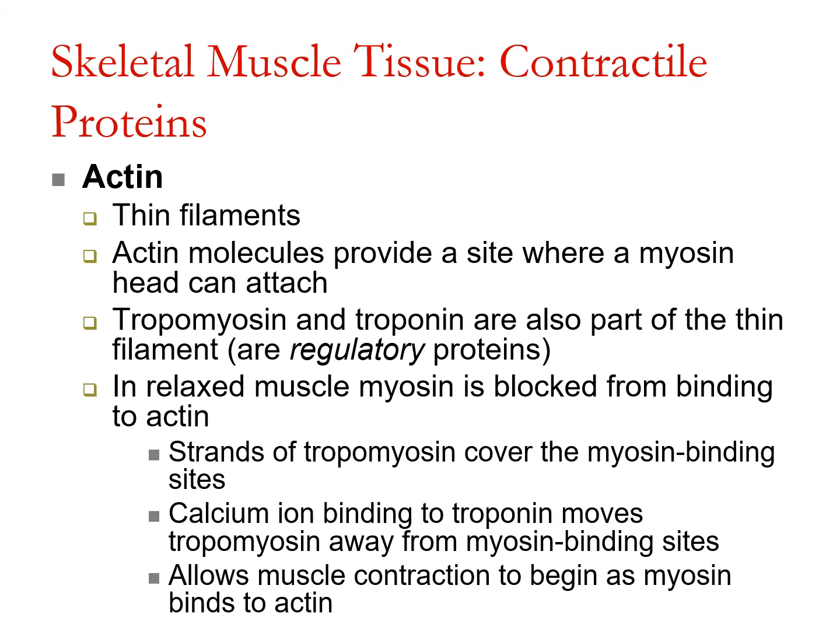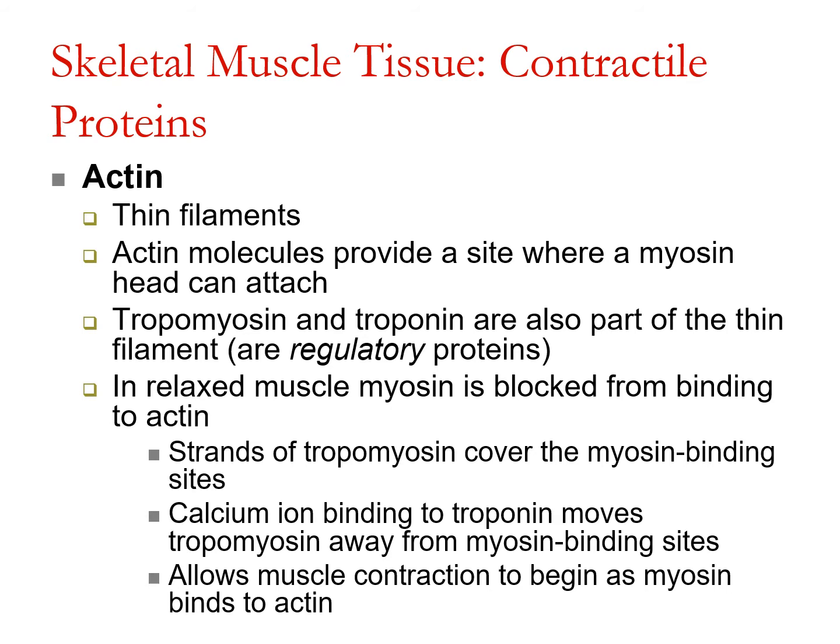Tropomyosin is a regulatory protein that wraps around the actin and protects or blocks the binding sites for the myosin in relaxed muscle. Attached to the tropomyosin is the protein troponin. Troponin binds calcium, which is released into the sarcoplasm when muscles are signaled to contract.